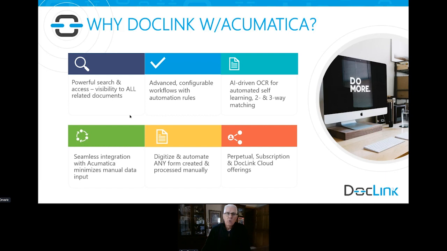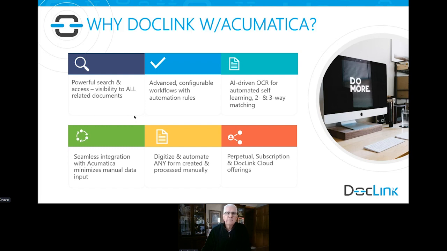We can also create smart forms. We have the smart form toolkit that allows us to bring into Docklink and automate things like expense reports, time off requests, credit card reconciliations, really any form that you currently have in Excel or Word or fillable PDF, we can set up in Docklink and then automate the approval process from there.